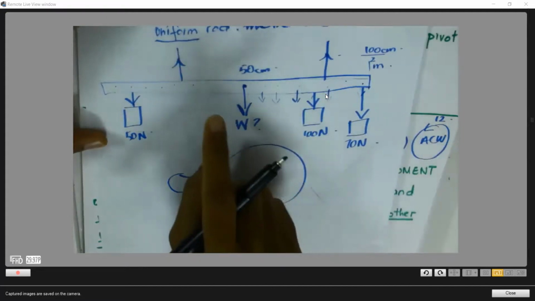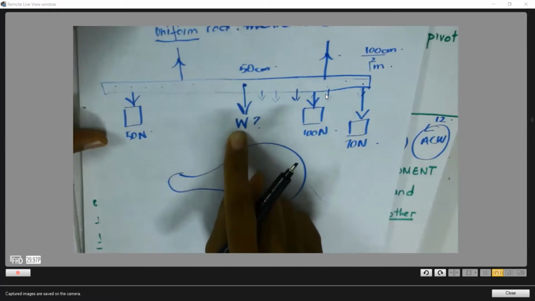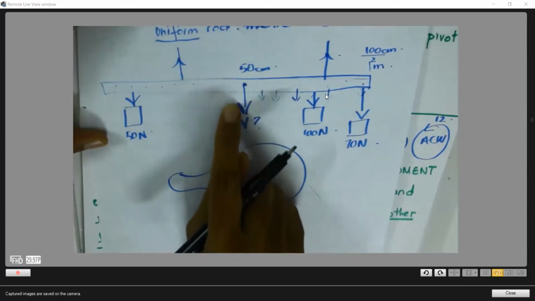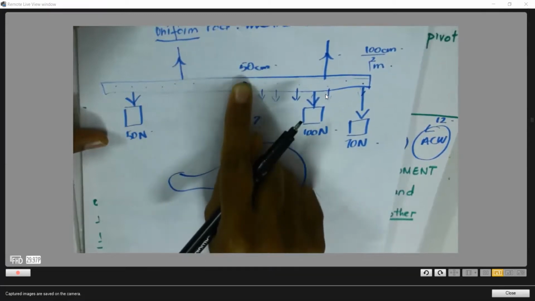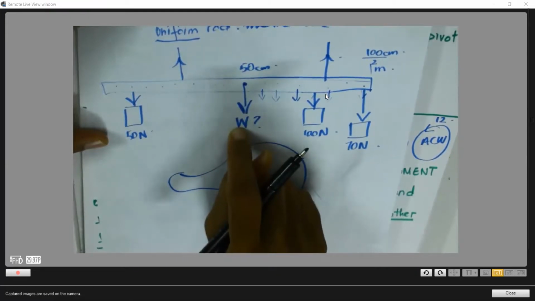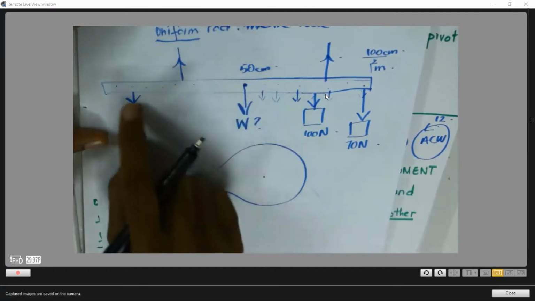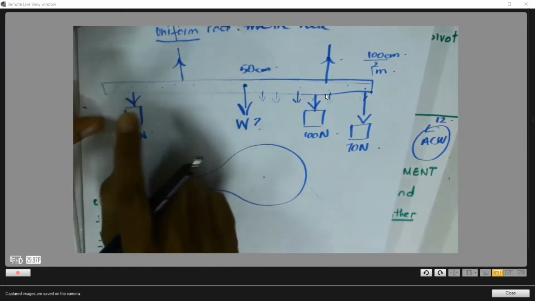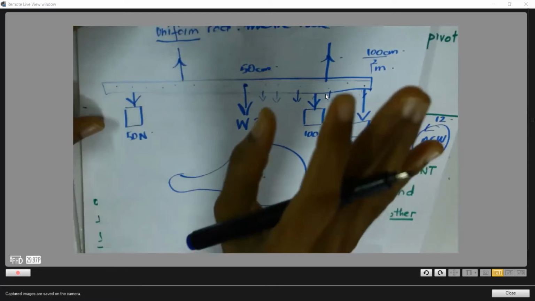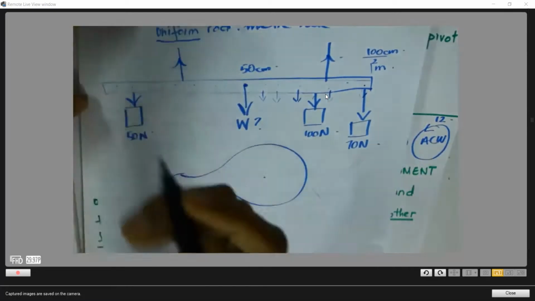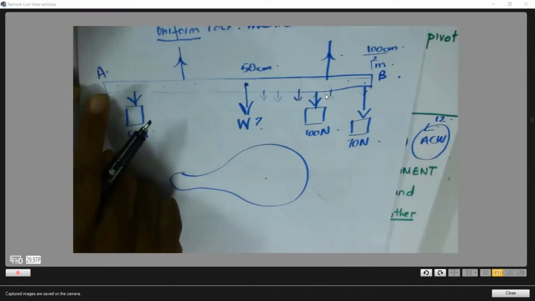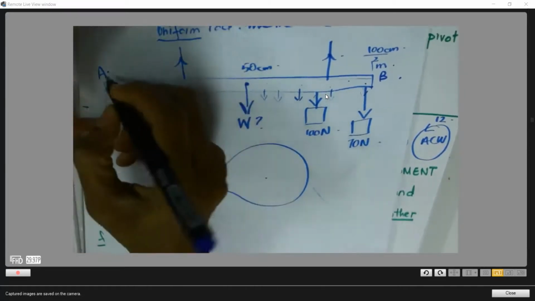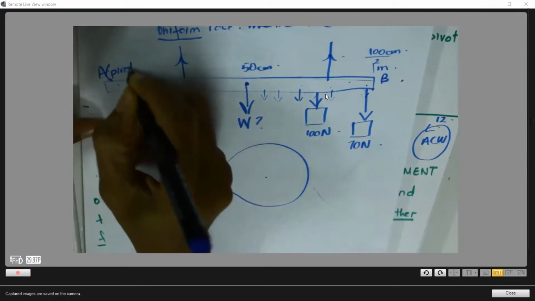If they're asking you to find the weight, then of course you are not going to consider this as your pivot because you have to find this out. So you will make some easy point, some convenient point for yourself as the pivot, okay? For example, let's say this is A, this is B. I'm choosing A as my pivot.